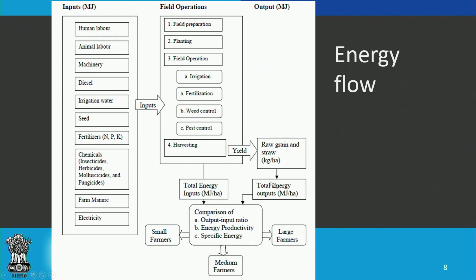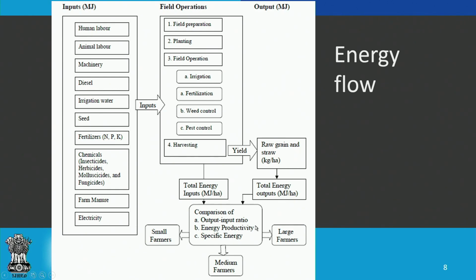This computation of the total energy inputs and total energy outputs per hectare basis can lead to very interesting and meaningful comparison in terms of output input energy ratios, energy productivity or specific energy.